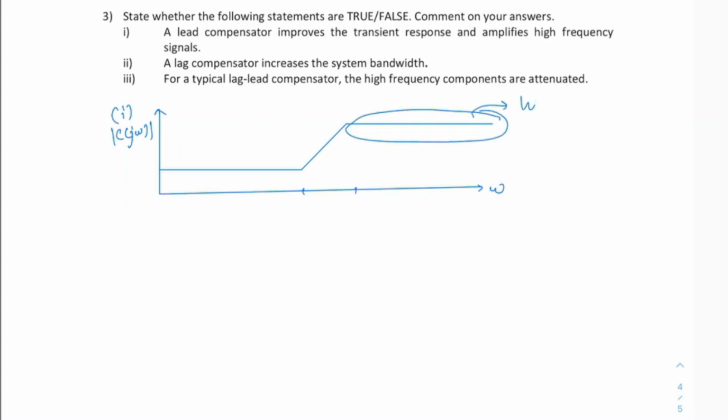So the lead compensator amplifies the high frequency, and it also improves the transient response as it adds a phase lead to the output of the system.